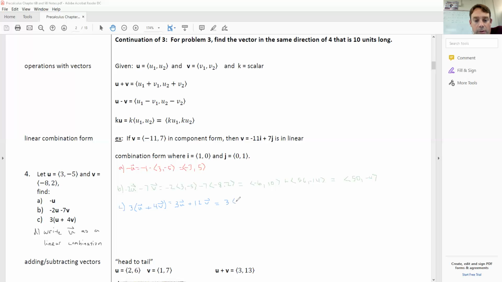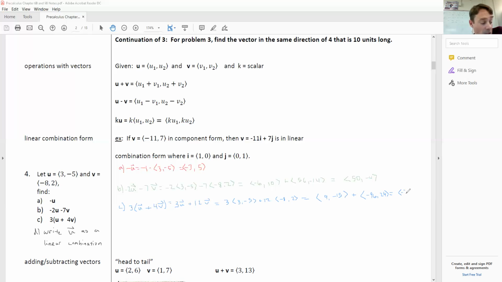So 3 times 3, negative 5, plus 12 times negative 8, 2, and we have 9, negative 15 plus negative 96 and 24, which is equal to negative 85.